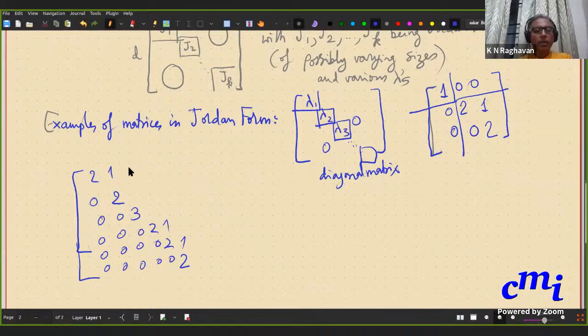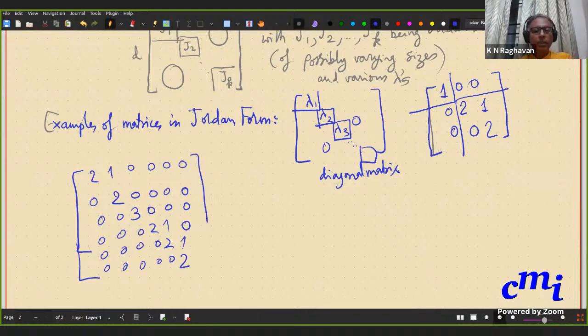Now this is in Jordan form because this is this block, and then there is this block, and then there is this block.